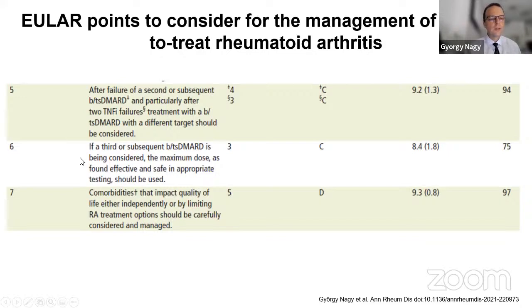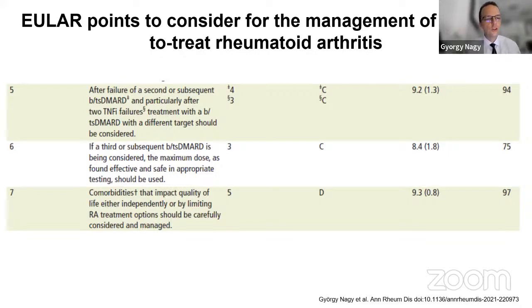The next one is if a third or subsequent biological or targeted is being considered, the maximum dose which is safe and appropriate should be used. And here we consider tofacitinib and baricitinib, which have different licensed doses. Tofacitinib used to have one, but it's not labeled anymore, only the 2 times 5 milligram, but tocilizumab and baricitinib have different doses.